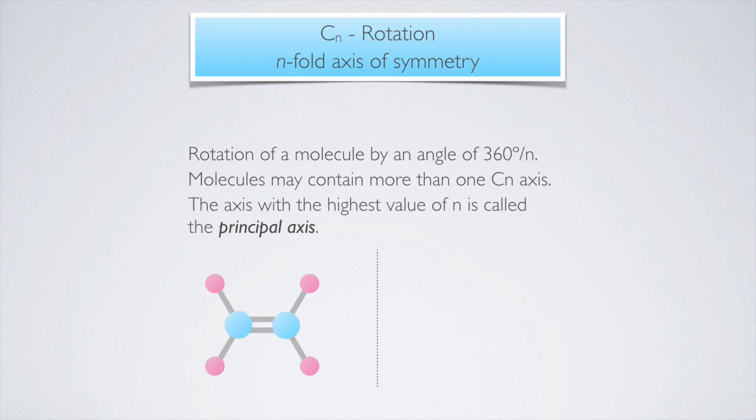Molecules may well contain more than one Cn axis, but the axis with the highest value of n is called the principal axis. So again, if we look at the molecule on the left, we now have the molecule on the right, and rotation by 180 degrees leaves it apparently unchanged. So that's a C2 axis.